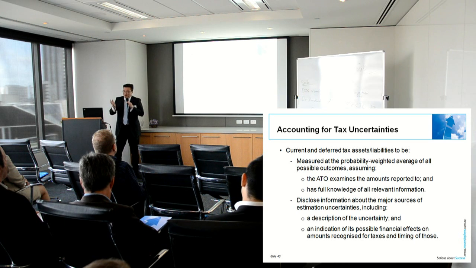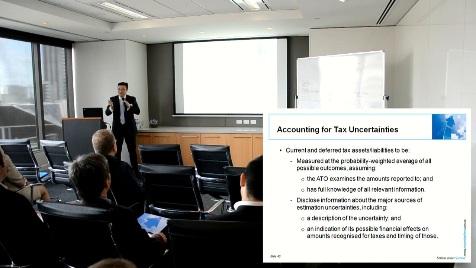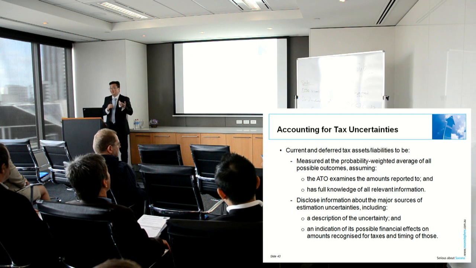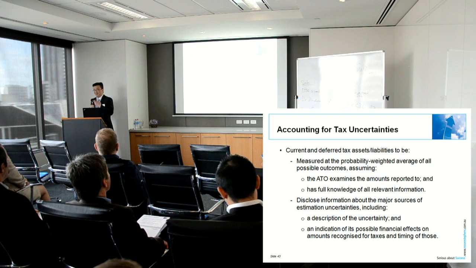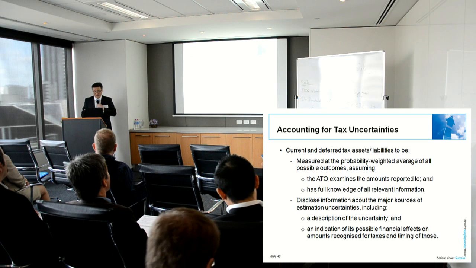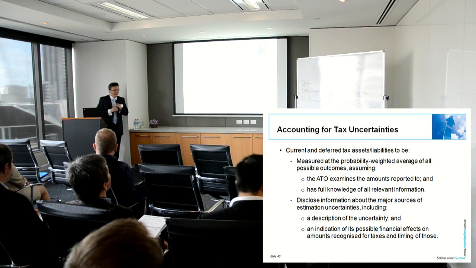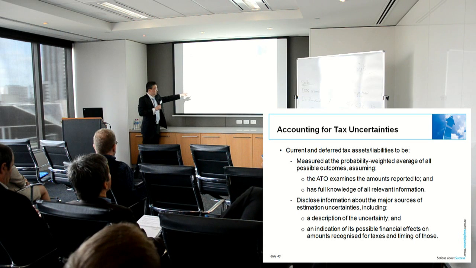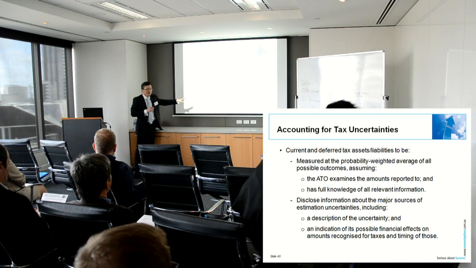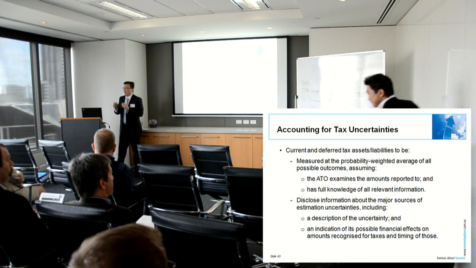And based on that probability weight, recognize some contingent liability that is uncertain. Okay, and in the US, you're going to recognize penalties and interest as well. It's not so clear whether IAS 12, when it does change, will require you to do that as well. Apart from that, you will also need to describe what that uncertain tax position is and the financial effects on tax.